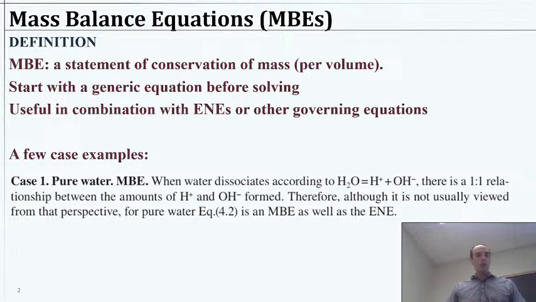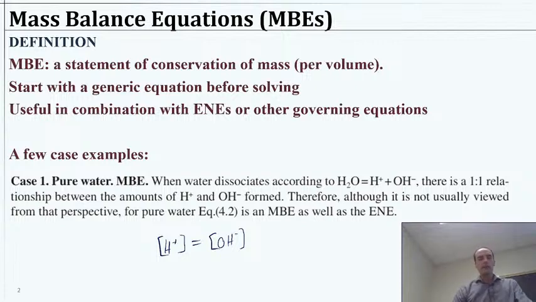But absolutely pure water, no CO2 or anything, there's equal amounts of H plus and OH minus. So our mass balance could simply look like this, right? So pretty obvious, and that's also our electroneutrality equation in that system.